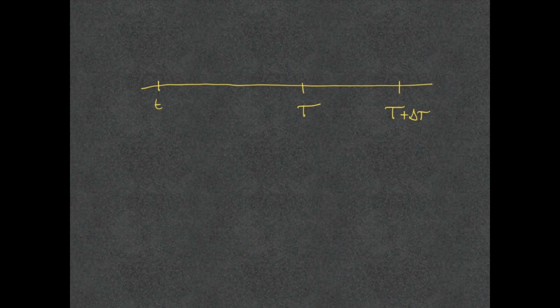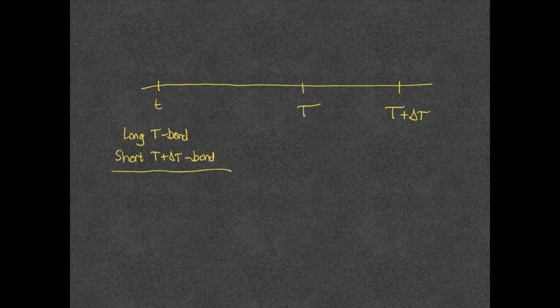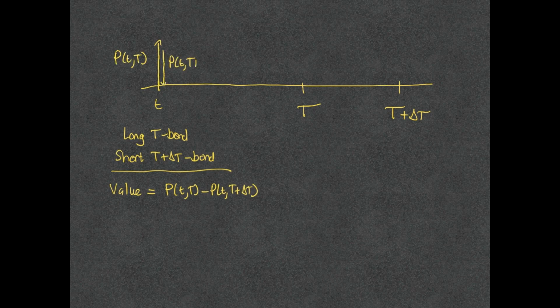Consider now the following trading strategy. At time little t, we long a T bond and we short a T plus delta T bond. In that case, the value of that portfolio is simply the difference of the values of the two bonds. So we have a net cash outflow of P(t,T) and a net cash inflow of P(t, T plus delta T).